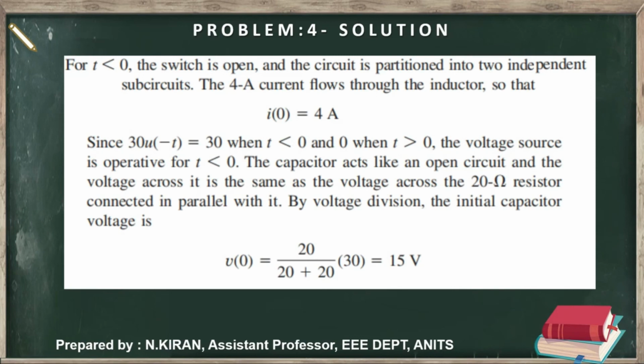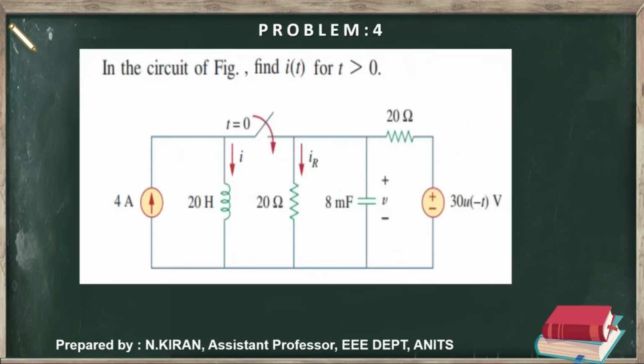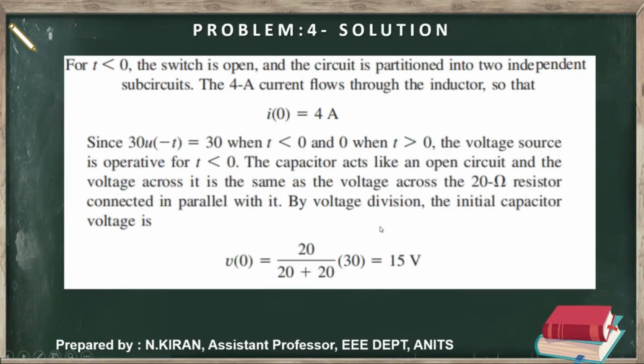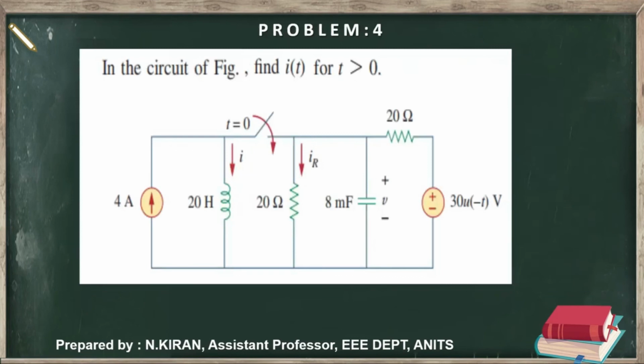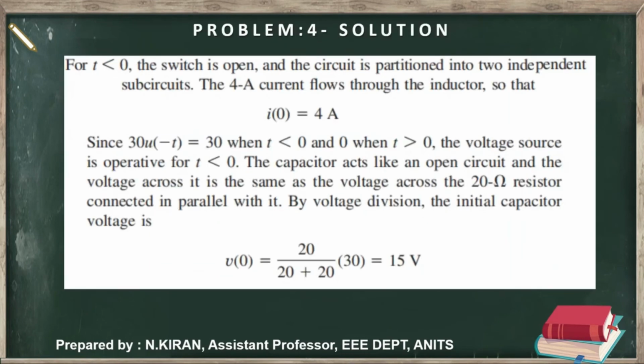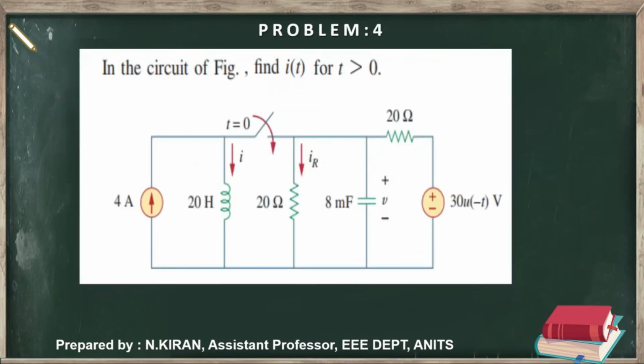So initially, when the switch is open, its value is 30 volts. The voltage across the capacitor, according to the voltage division rule, will be 30 into 20 by 20 plus 20, since initially the capacitor is acting as an open circuit.